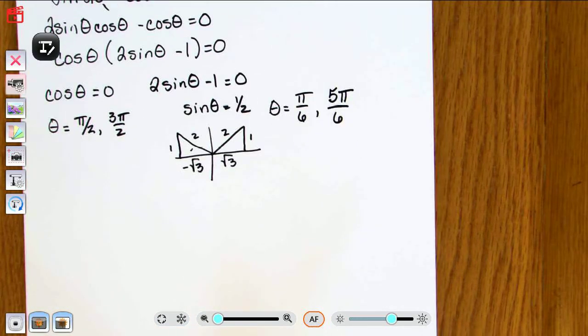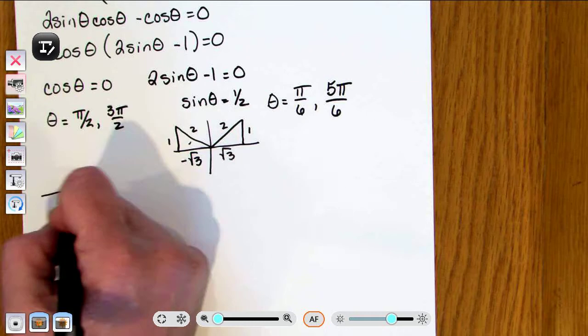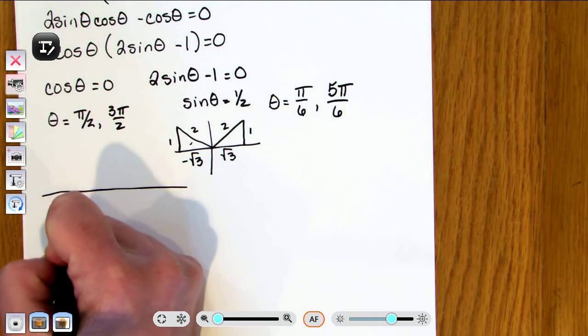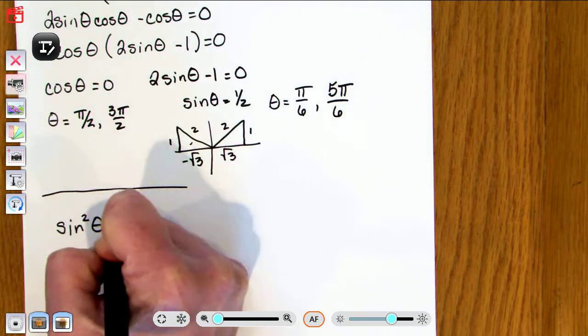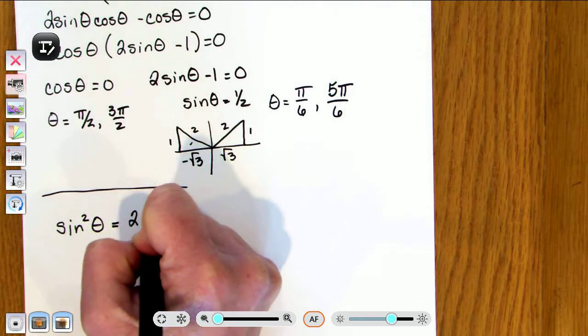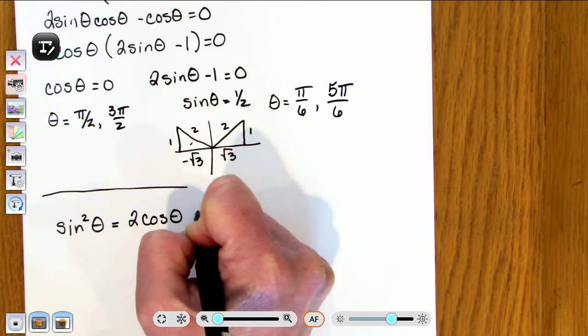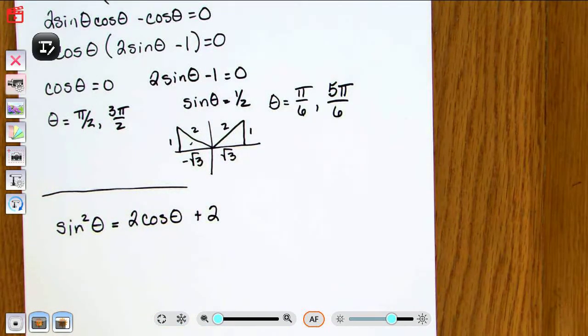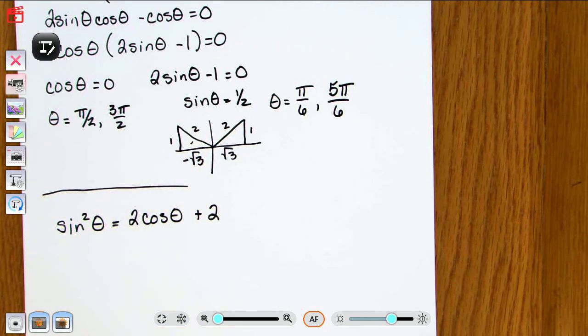All right, let's do one more example in this video. Let's go with sine squared theta equal to 2 cosine theta plus 2. Now we've seen this trick already in the first example of this video, and we have the sine squared and the cosine, so it's kind of like a quadratic, but not quite.